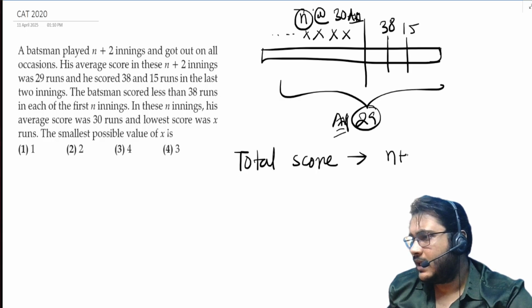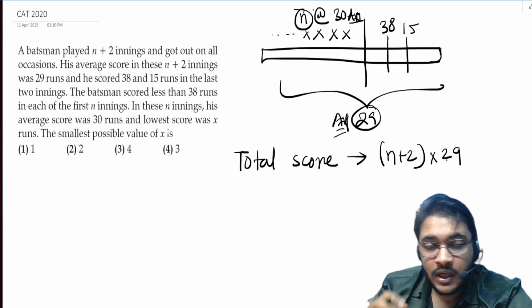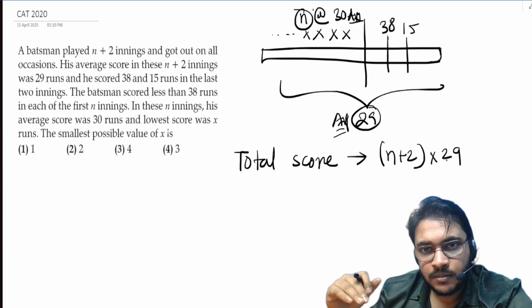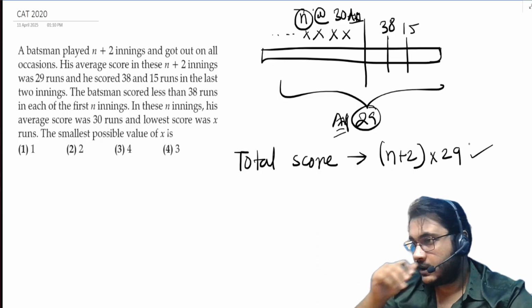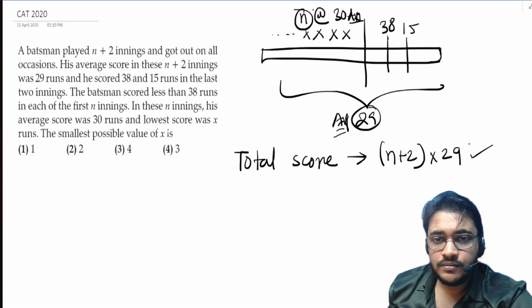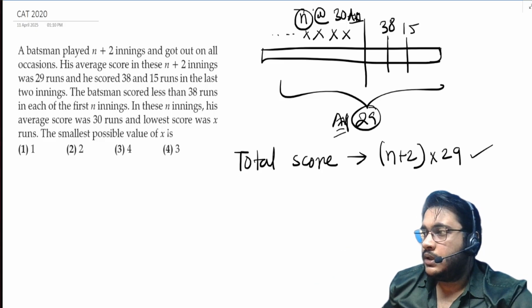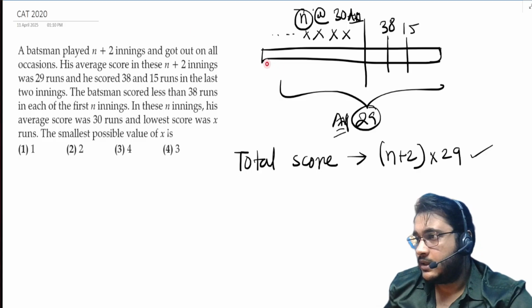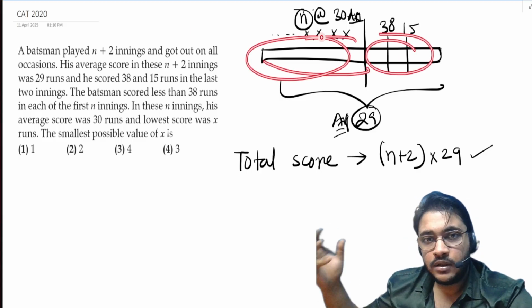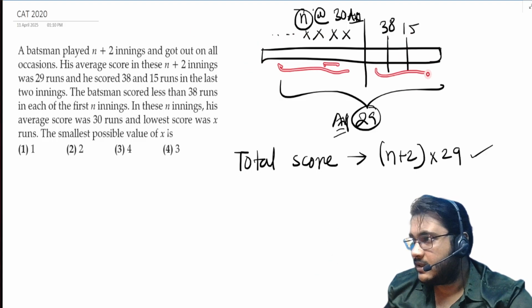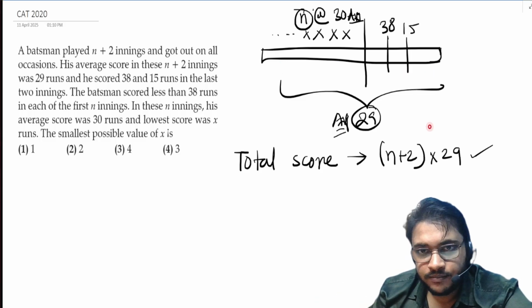Total score is going to be n+2 into 29. Remember, the formula of average is sum total divided by the total number of observations, so the sum total is average into the number of innings. Now, there is one part of the average and there is another part. These two parts together will add up to n+2 into 29. I hope that makes sense.